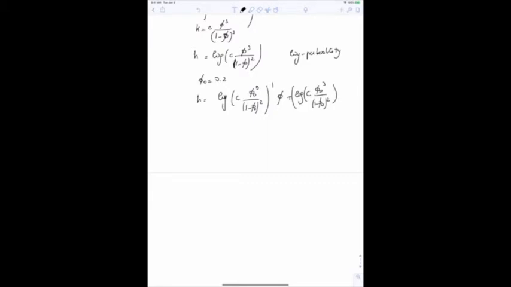Plus the value of the function of the derivative in 0.2. I'm going to rewrite it. So H would be the derivative times porosity plus the value of the function.